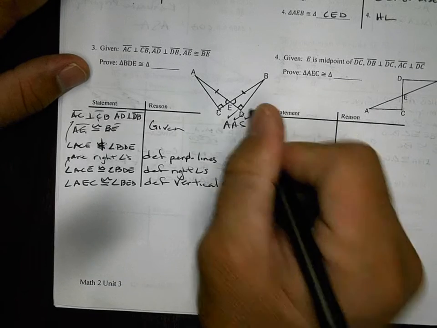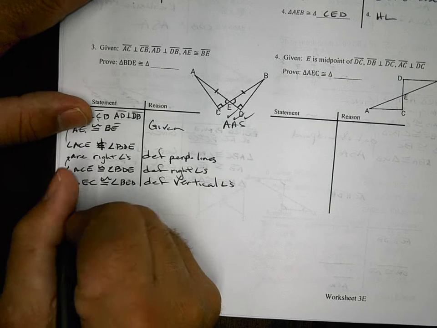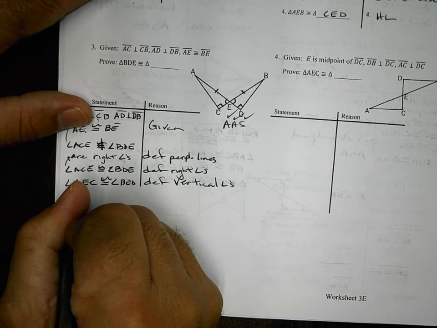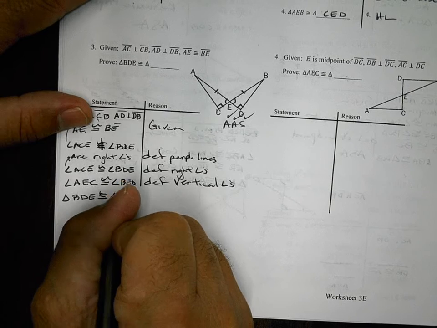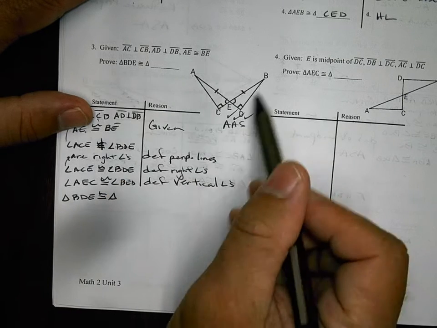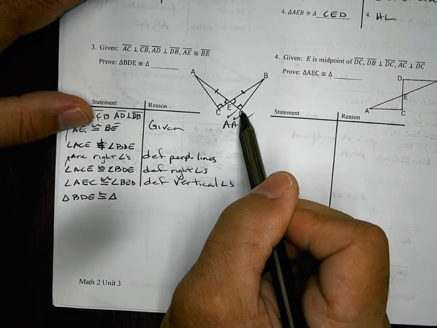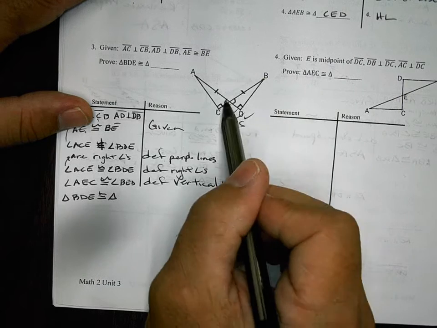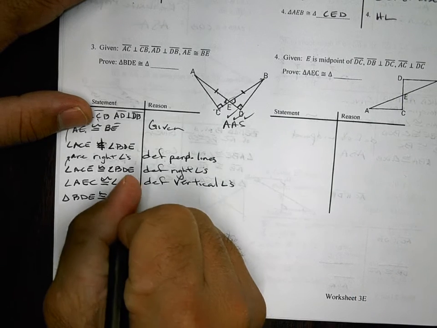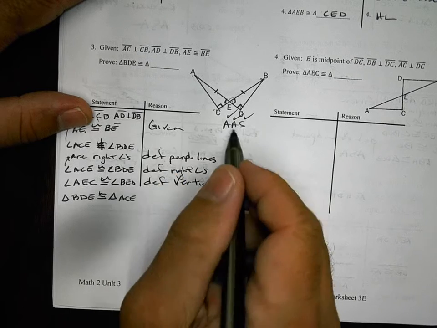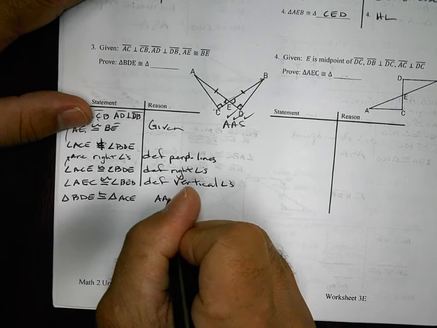We've marked our two angles, so now we can say that triangle BDE is congruent to triangle, let's see, BED, no, I'm sorry, BDE. BDE, so it's got to go ACE. And that is by angle, angle, side postulate.